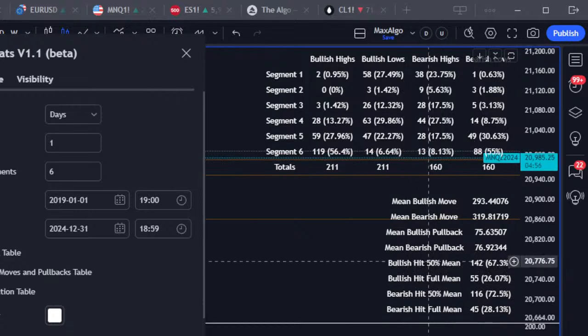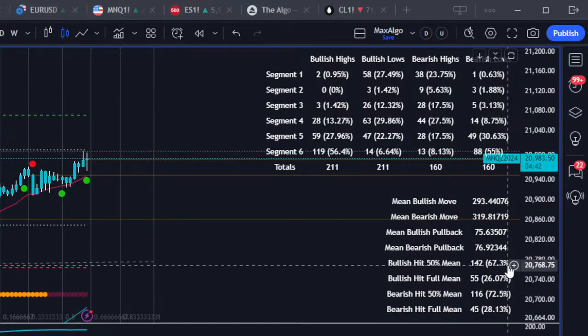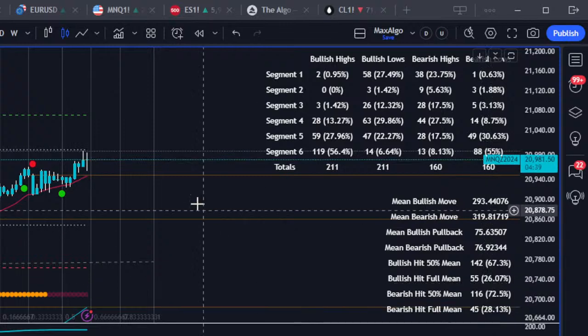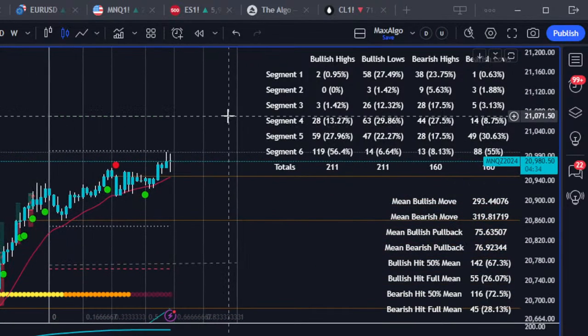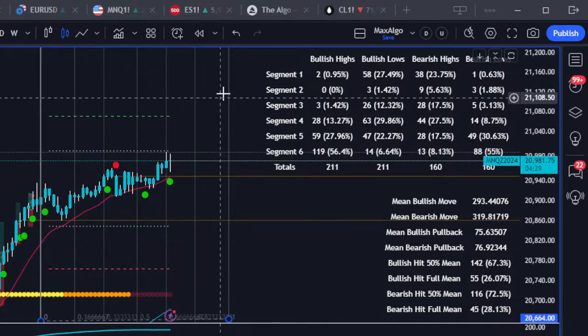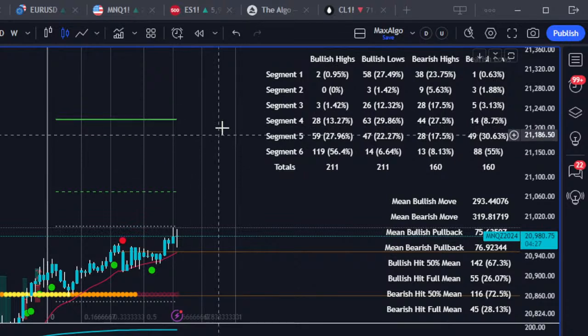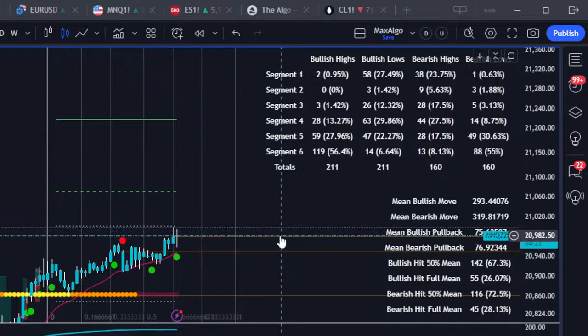So our bullish hit 50%. There's a 67% probability on a bullish day that we hit our level here. And then there's a 26% probability of hitting this level. So this is your kind of high probability targets for the daily, and then overextended, if you like, as we start heading up towards this.